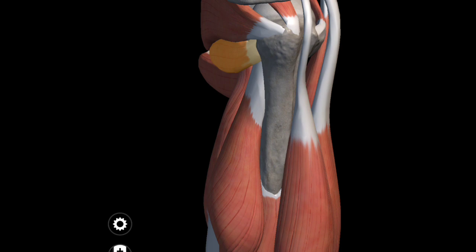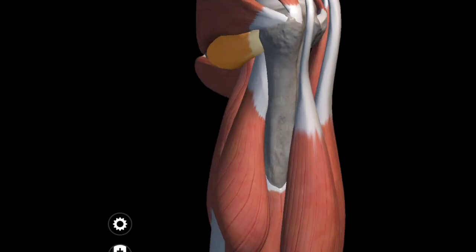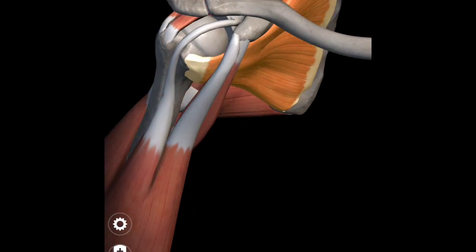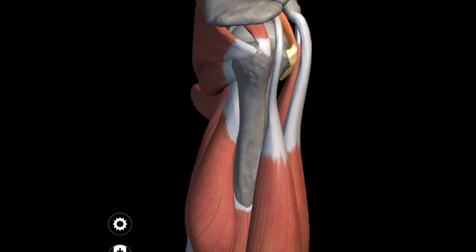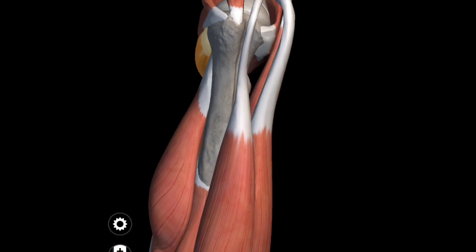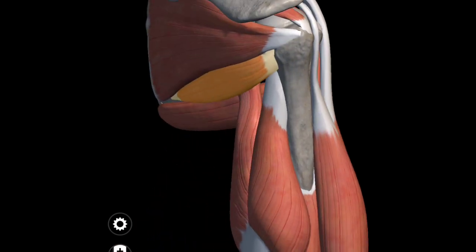Every other letter is capital, but the T is small. So remember by SITS. S means subscapularis, I means infraspinatus, the other S means supraspinatus, and small t means teres minor, small, so it's minor. So these are the rotator cuff muscles.